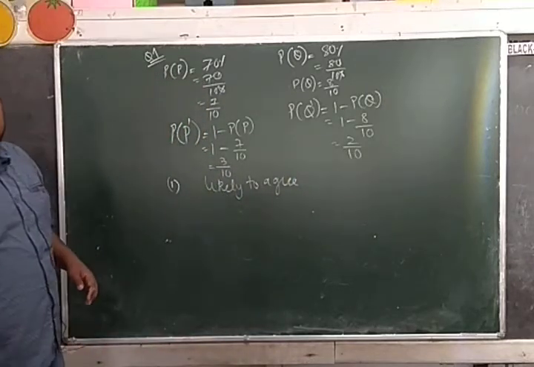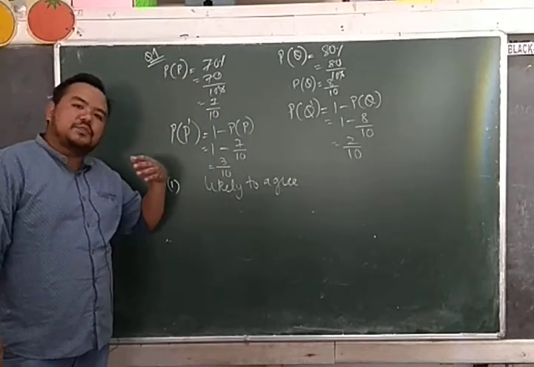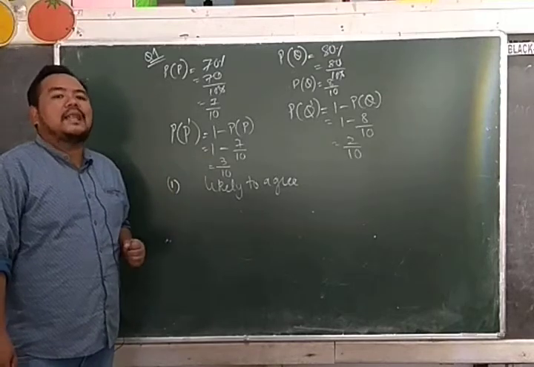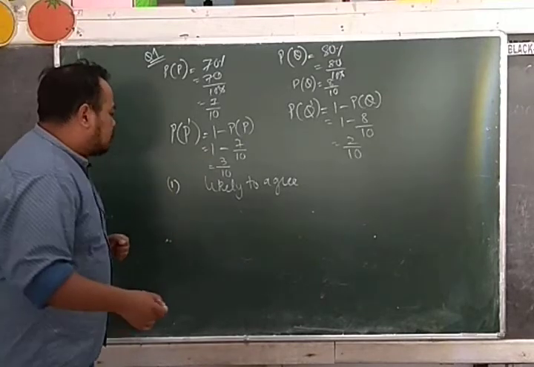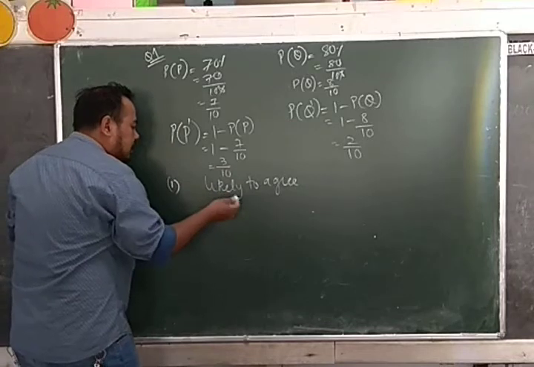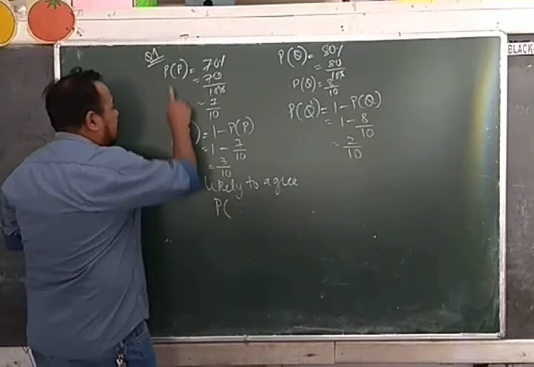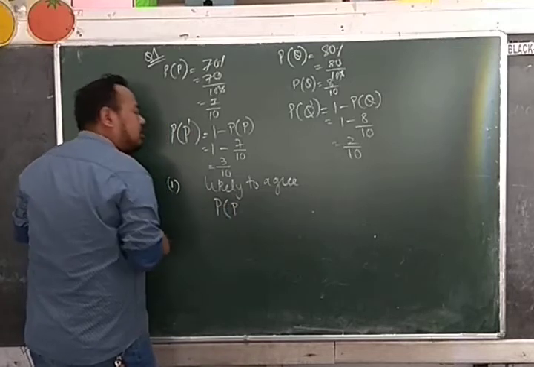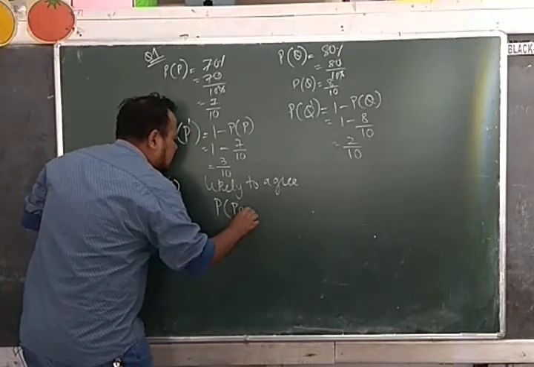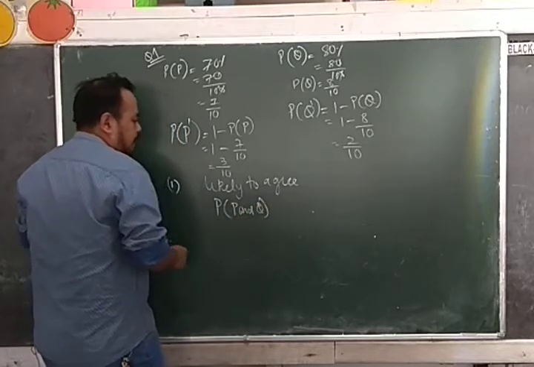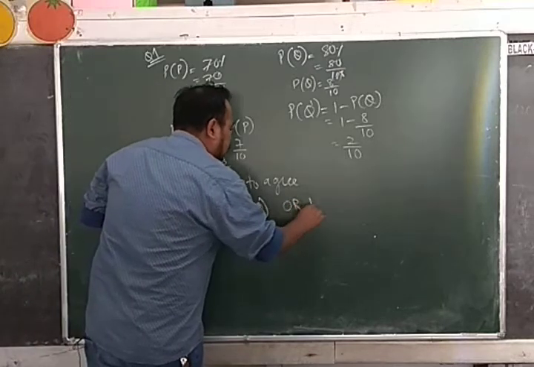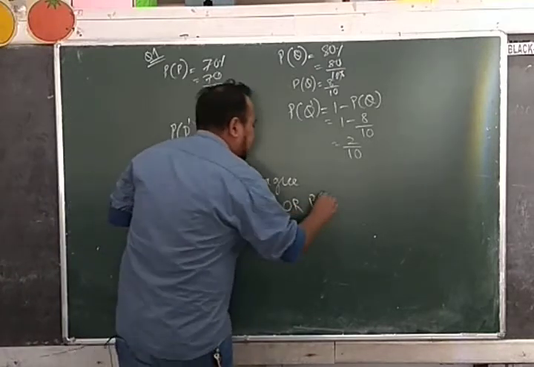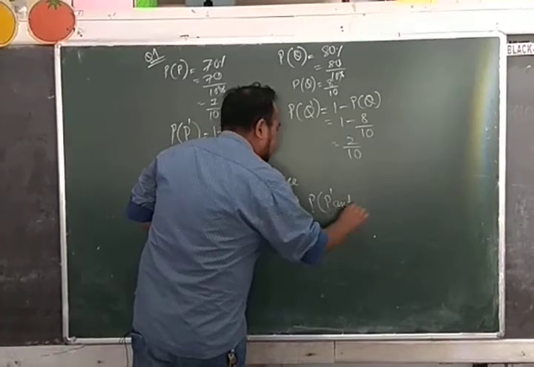Likely to agree means either both will speak truth or both are going to lie. Is that clear? So likely to agree means the probability that P speaks truth and Q also speaks truth, or the probability that P lies and Q lies.